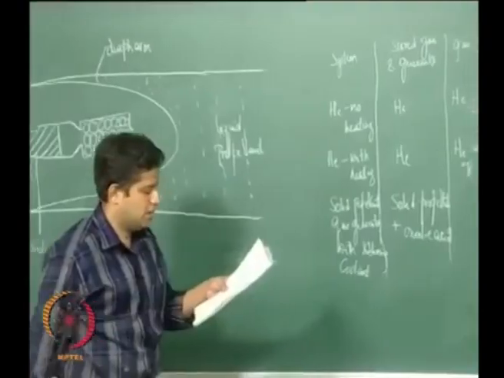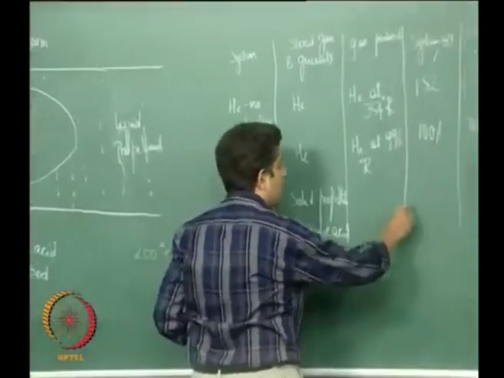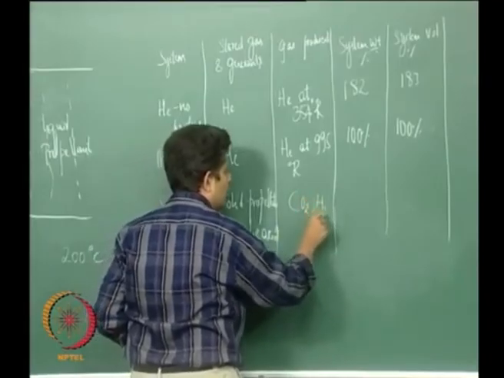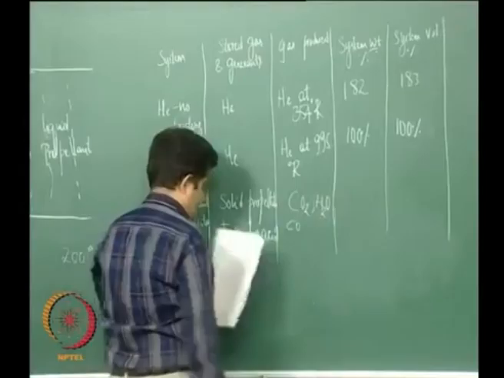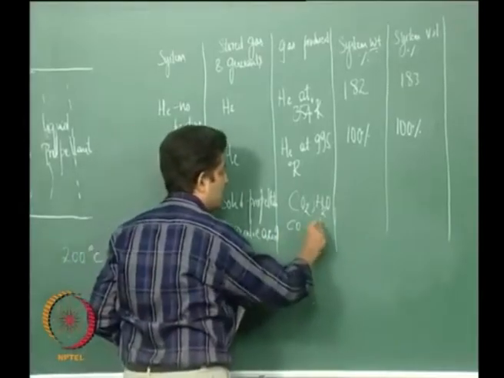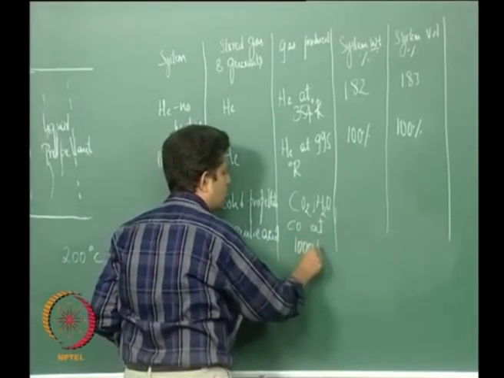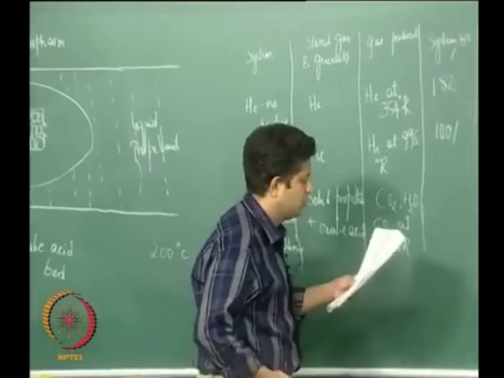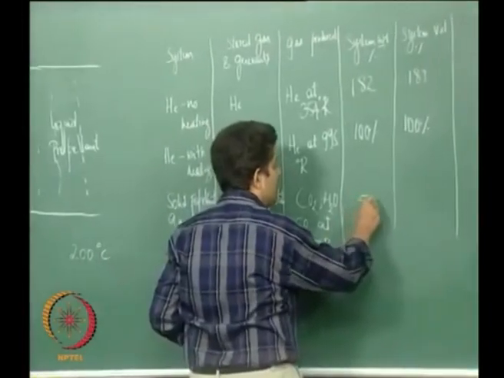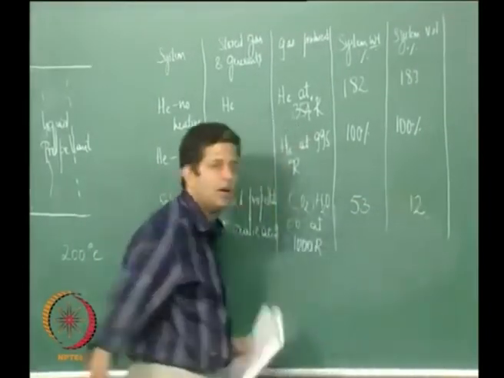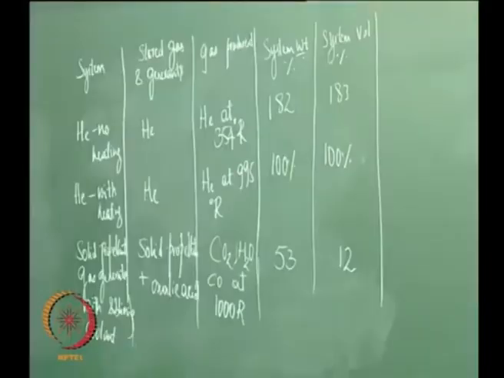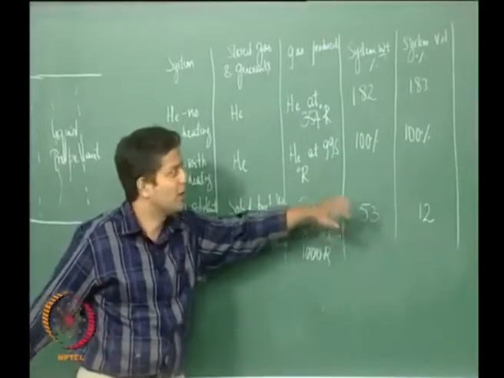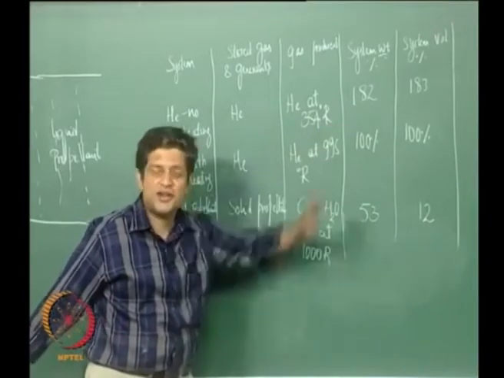With oxalic acid, you will have CO2, H2O, CO, all this at around 1000 Rankine, and this could lead to a phenomenal saving in weight as well as volume. Okay. You look at these numbers, these are very small compared to this, right.